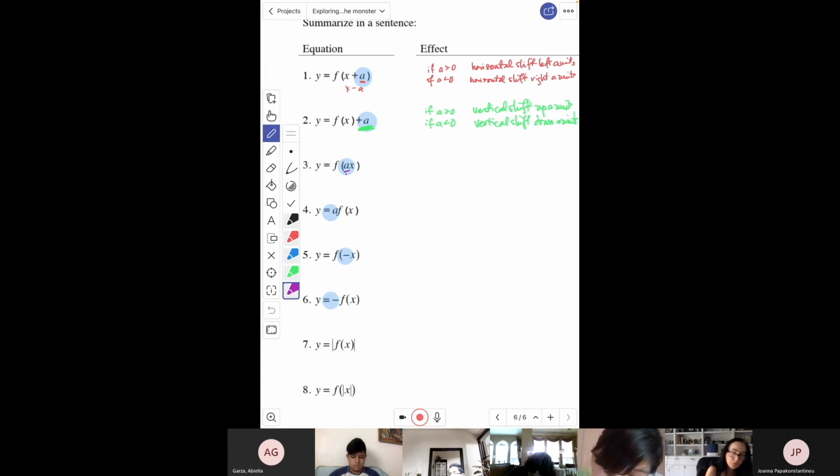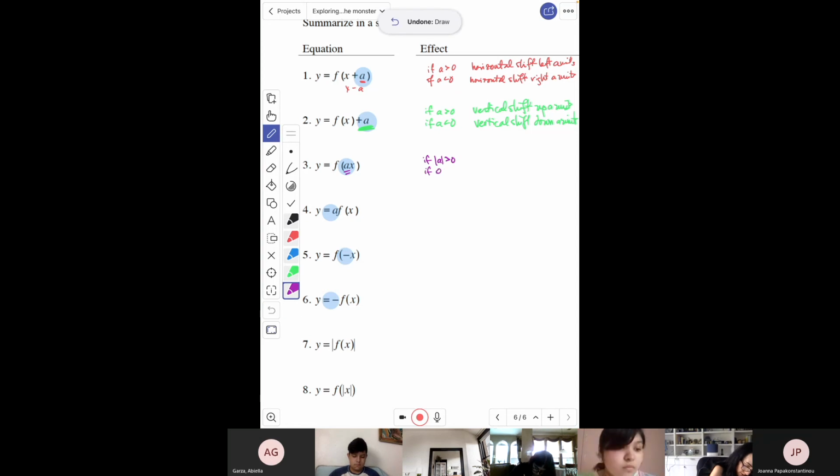What about if we are multiplying the input by A? What's happening if I'm multiplying the input by A? Well, there's 3 instances here. A can be greater than 0, and let me go ahead and put absolute value. Or A could be a fraction.